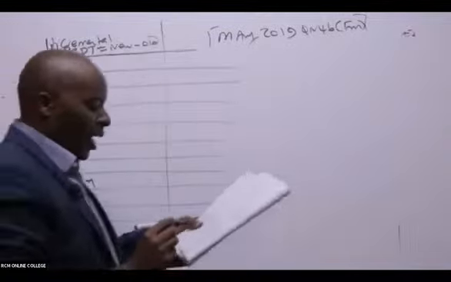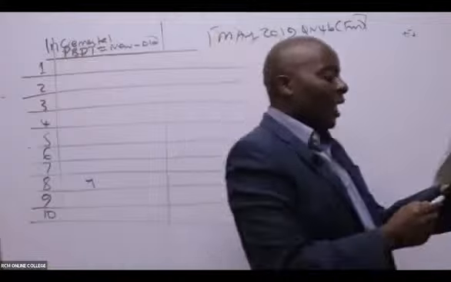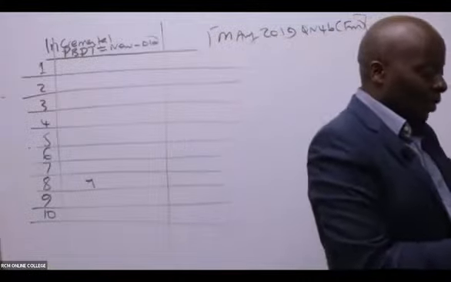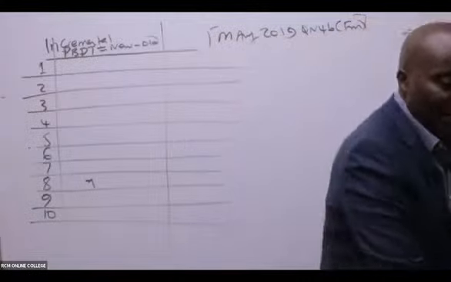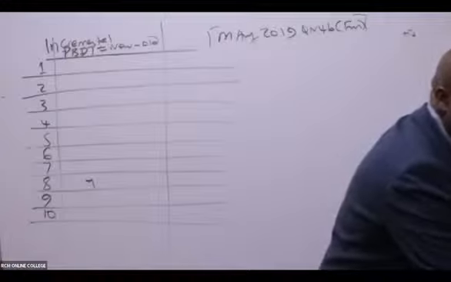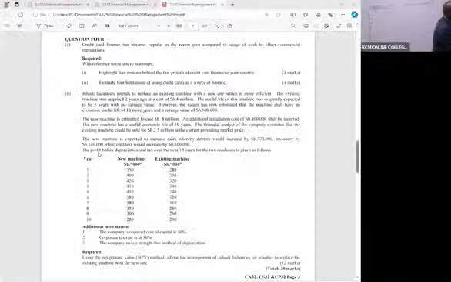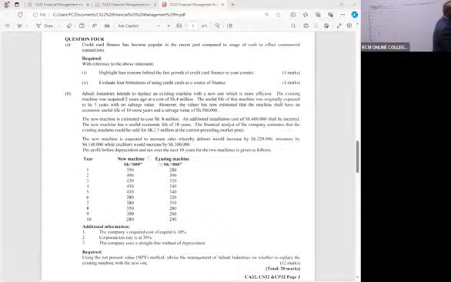After this third paragraph, they are telling us something very special there. The profit before depreciation and tax over the next 10 years is given. This is the PBDT for the new machine, and the PBDT for the existing machine. I want the incremental. So incremental means I subtract 350 minus 280.